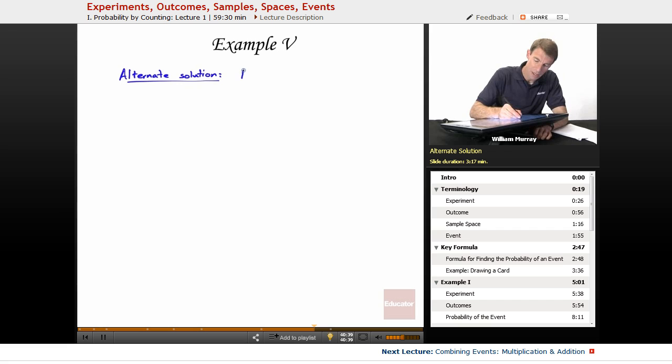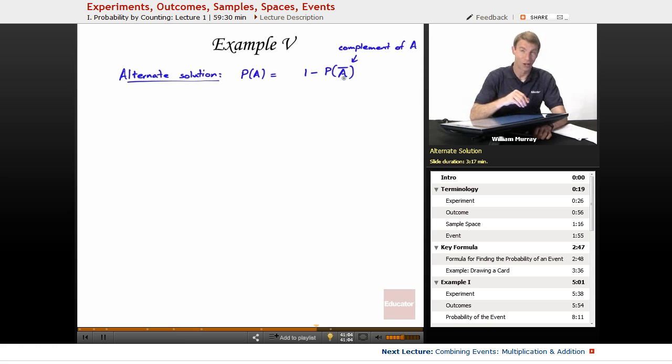To find the probability of A, we can calculate the complement of A, which means the opposite of A. A bar means the complement of A, the opposite of what we're looking for, and then do 1 minus the probability of the complement of A.